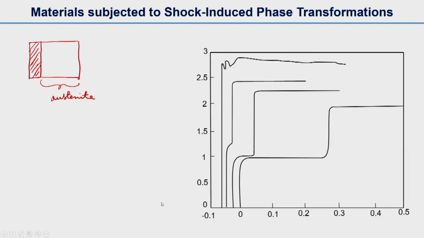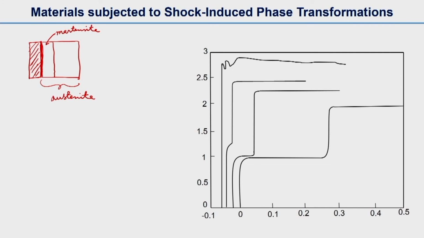This is the impact interface, right. The material close to this impact interface will be transformed to martensite.